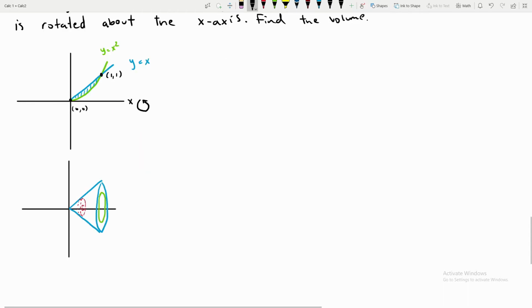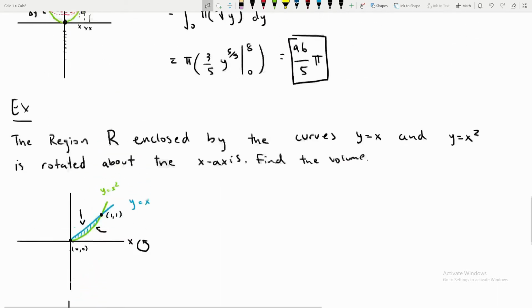There we go. I have drawn the 3D sketch of what this shape will look like after we rotate it. Essentially, it's going to look like a cone because of this outer flat edge, the blue one, y equals x. However, it will have a hollow interior because as we rotate this little slice formed by the two curves, it's not entirely full like we had with these other functions.